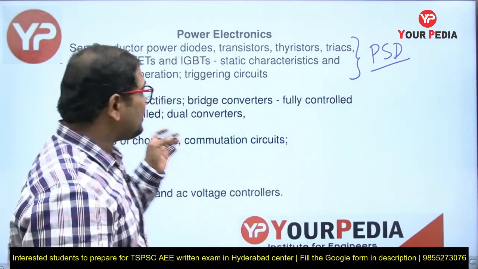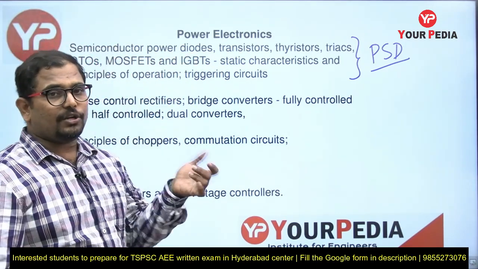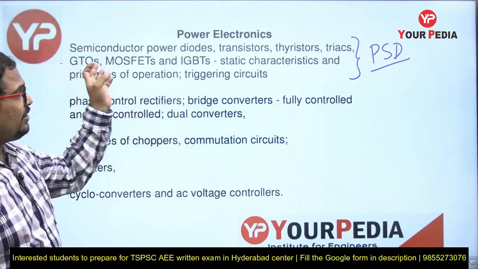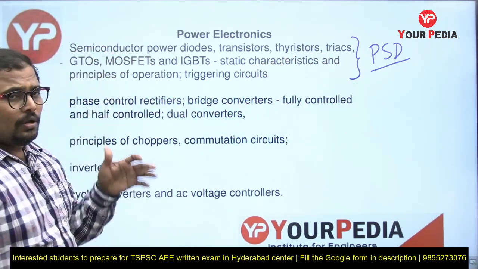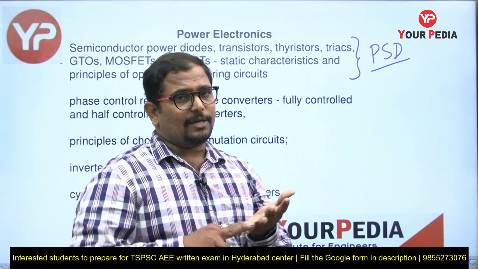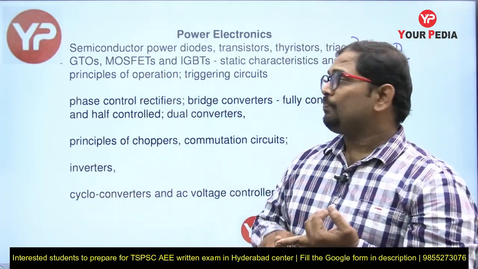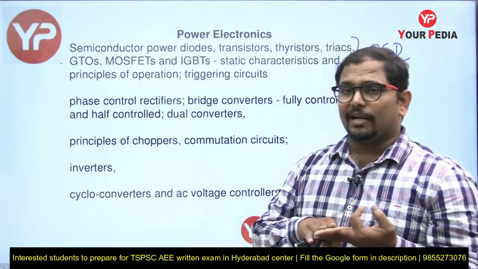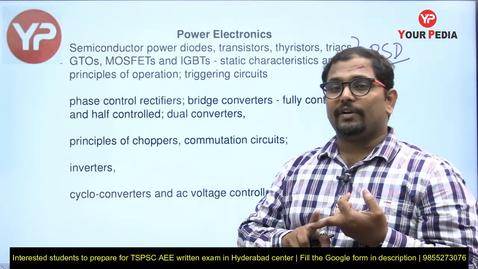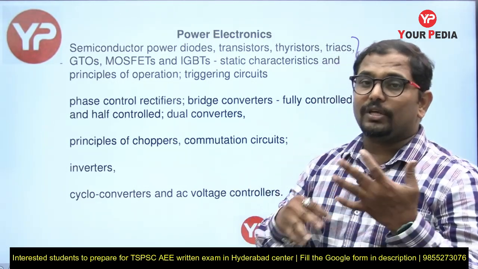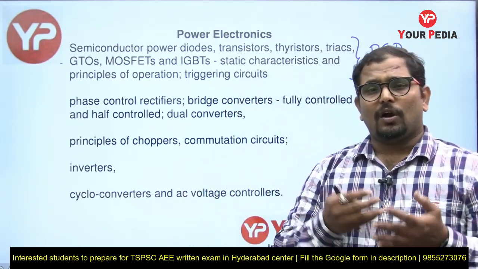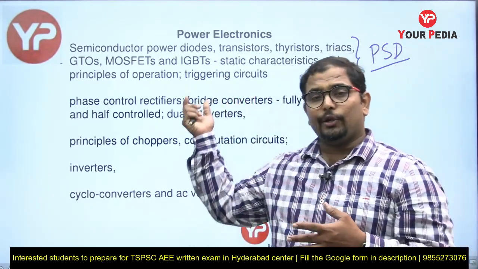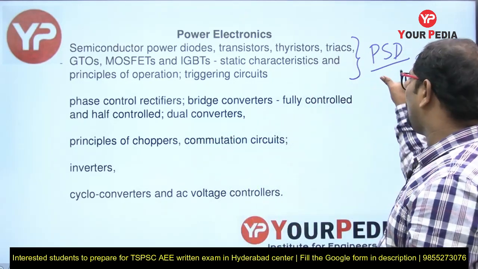Whatever devices are used in power electronic circuits all come in this module. What are the different types of semiconducting materials, the different types of devices, how they are constructed, and what the different characteristics of those devices are, all come into picture in this module.